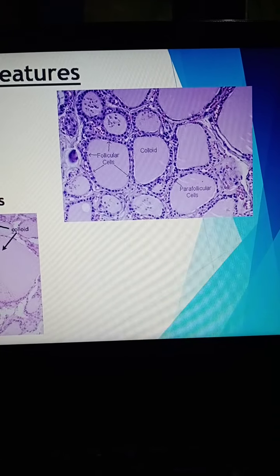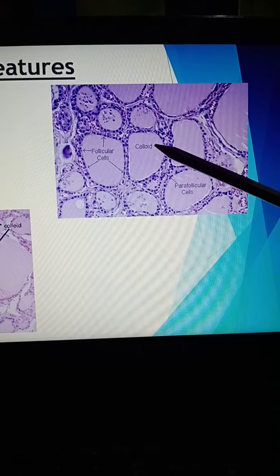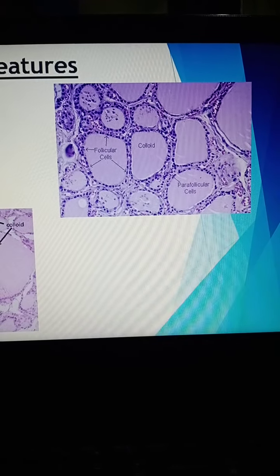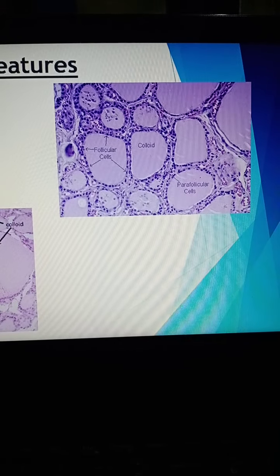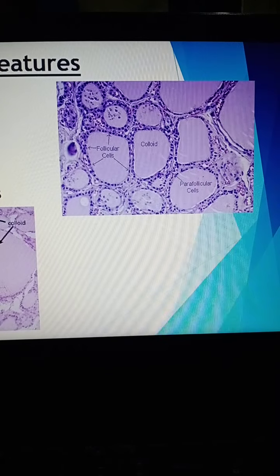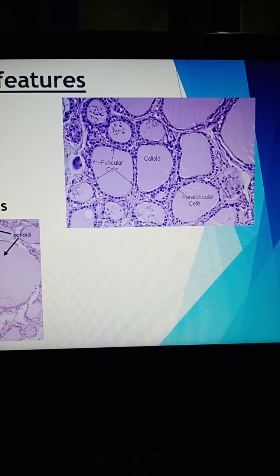These cells intervene between the basement membrane and follicular cells, as well as lie in between the follicular cells. These C cells are very important functionally and different from the follicular cells, which we'll see in the next slides in detail.